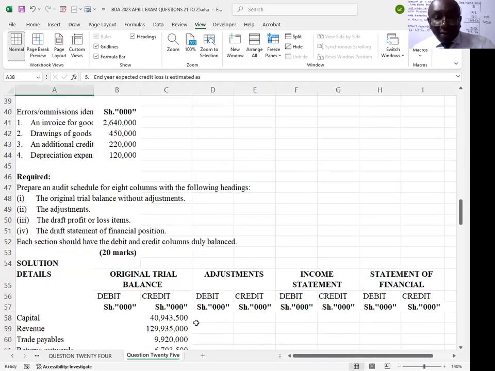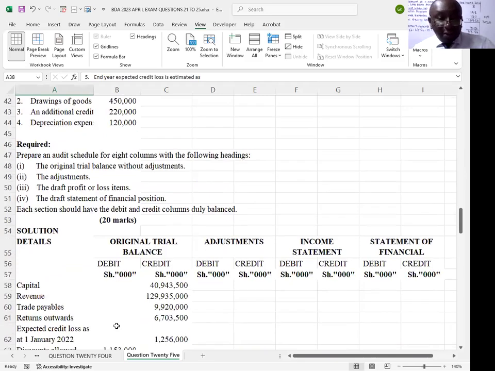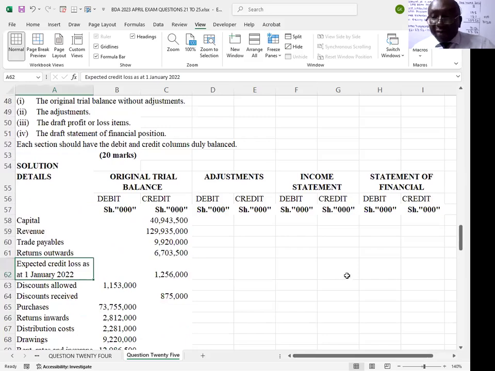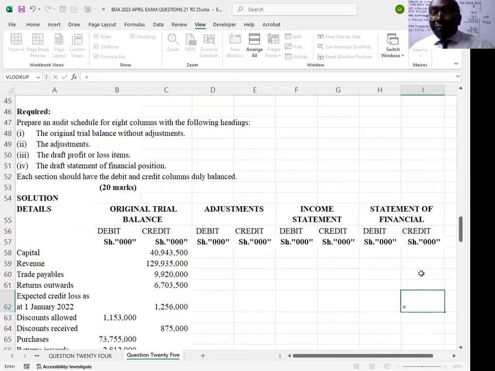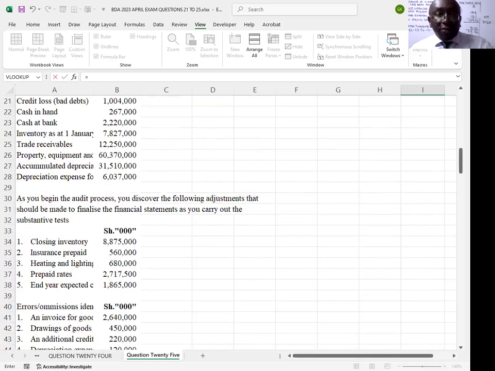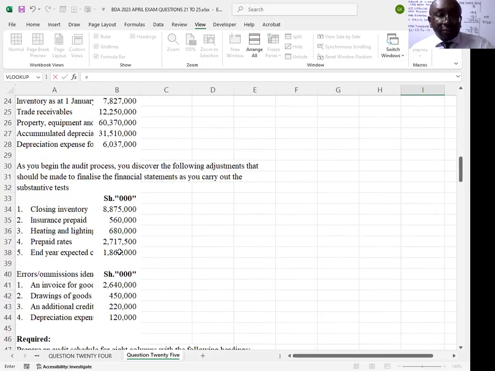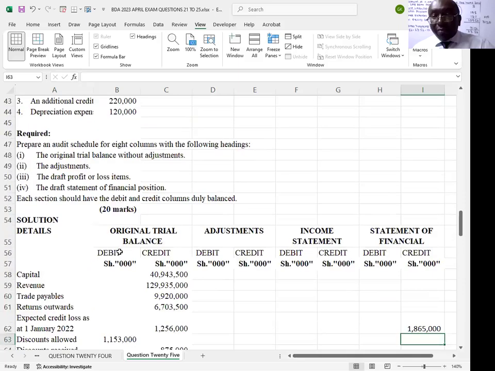When you come here, naona hii, this expected credit loss. At the end of the year, when you come to close the statement of financial position, the amount is supposed to be this one. Yeah, when you come to close the year, the amount is supposed to be this one.